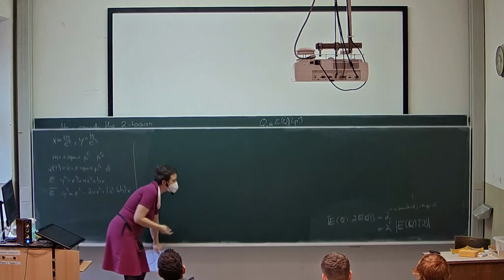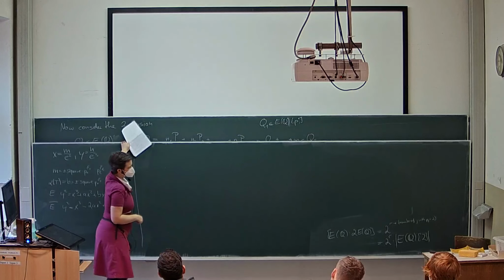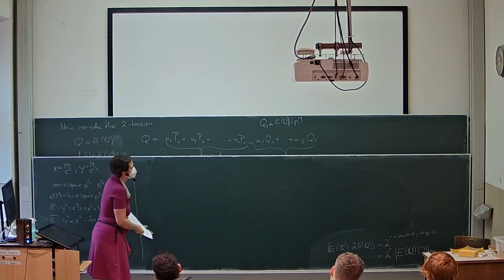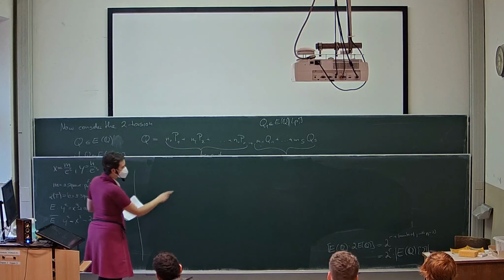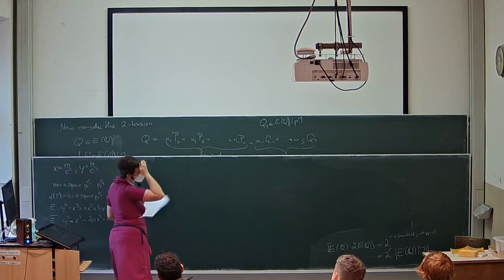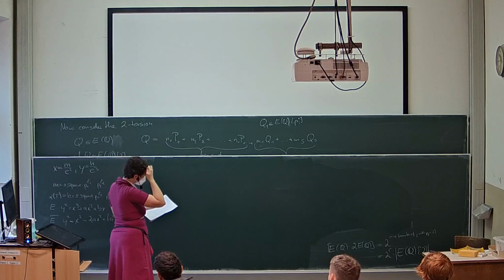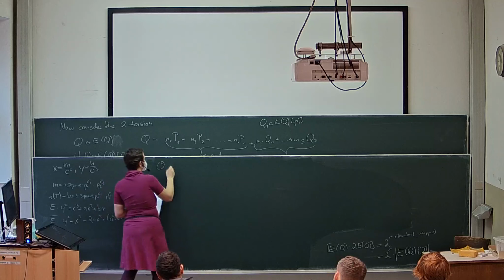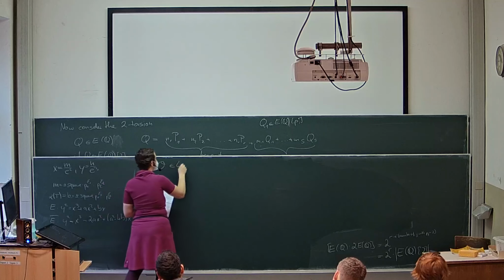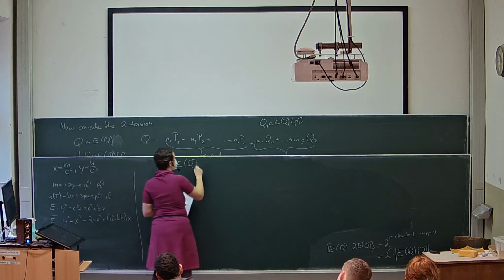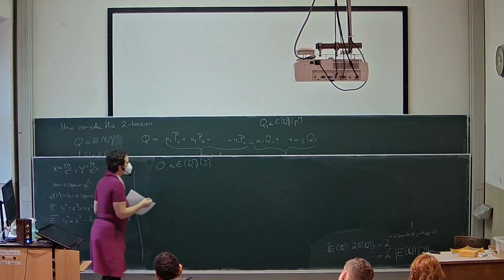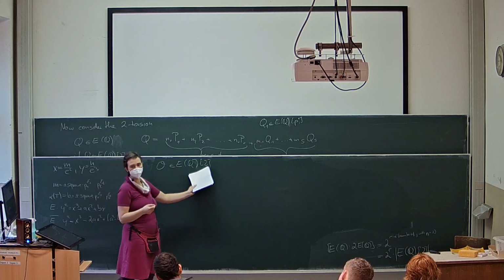Okay, so which elements are the rational points in the 2 torsion? We have, of course, the point at infinity. This is one. And all the other points that are in there have y coordinate 0.